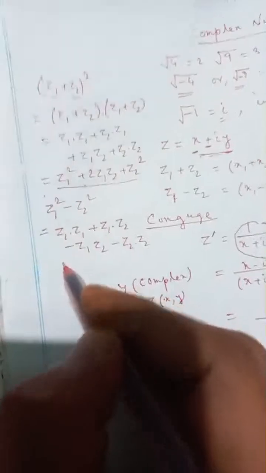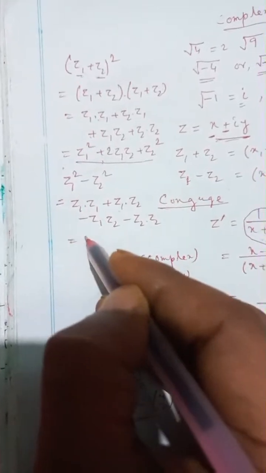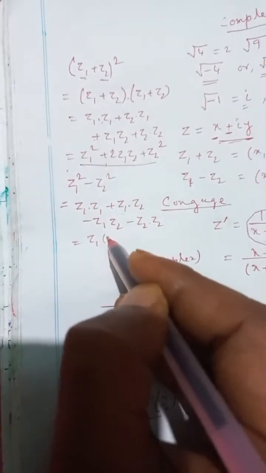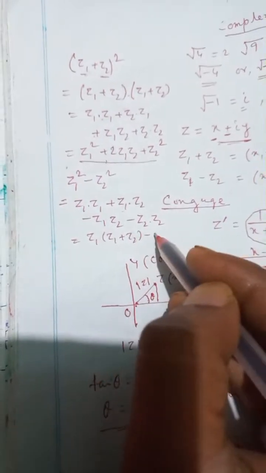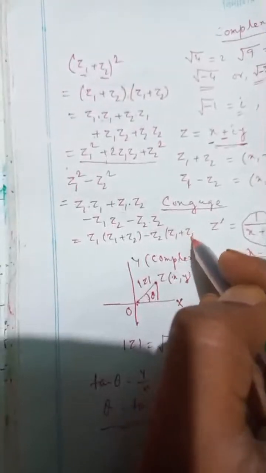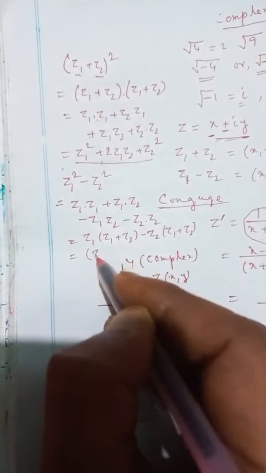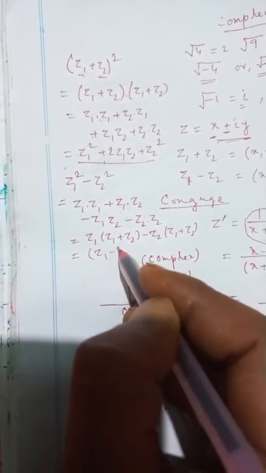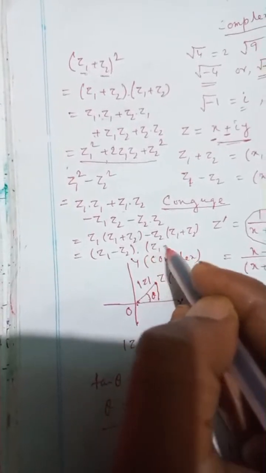If we take common factors, this will be z1 into z1 plus z2 minus z2 into z1 plus z2. So this will be z1 minus z2 into z1 plus z2.